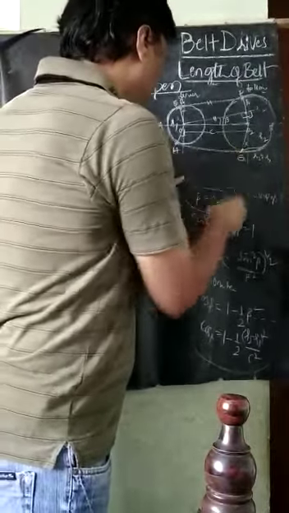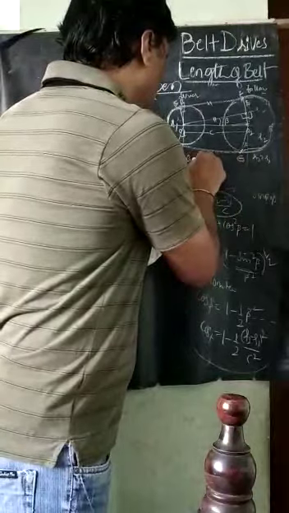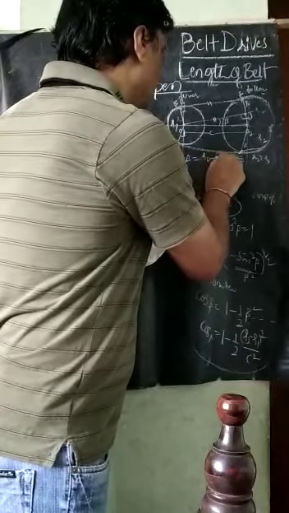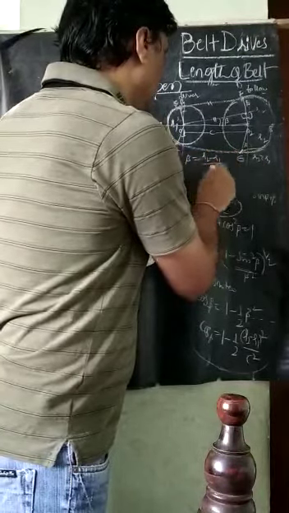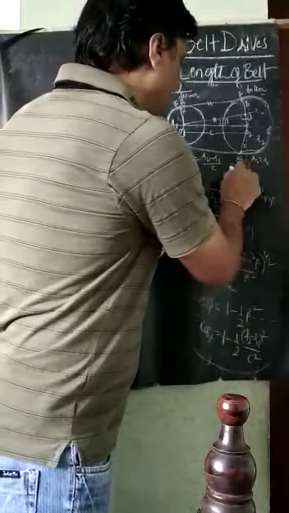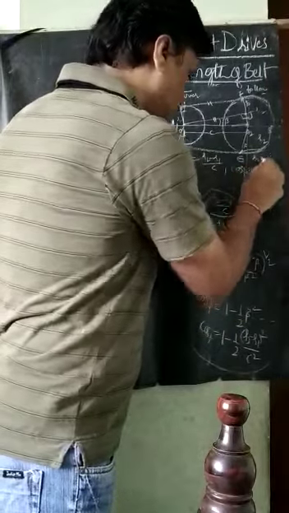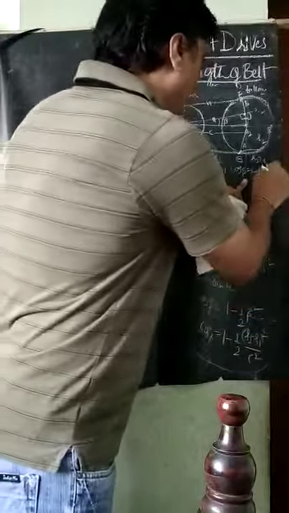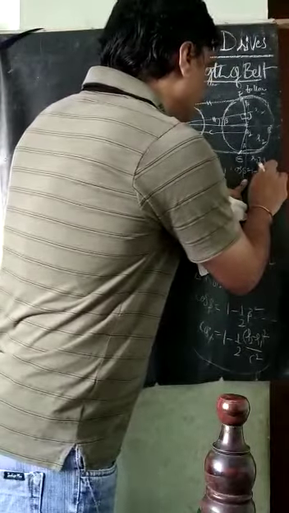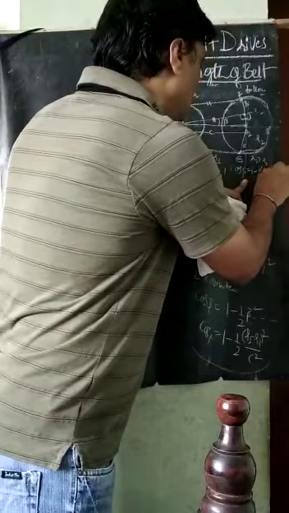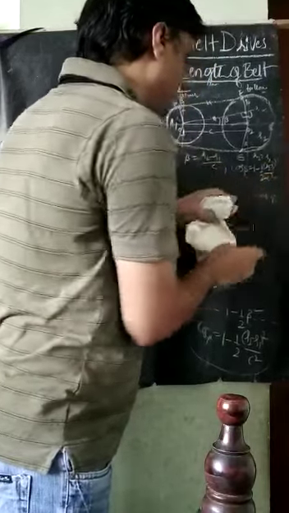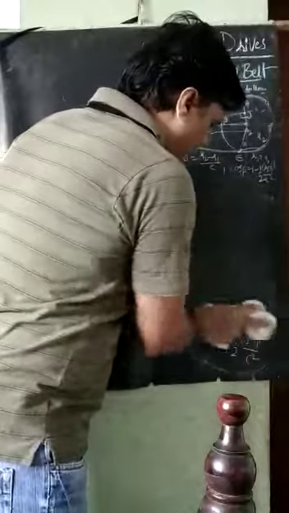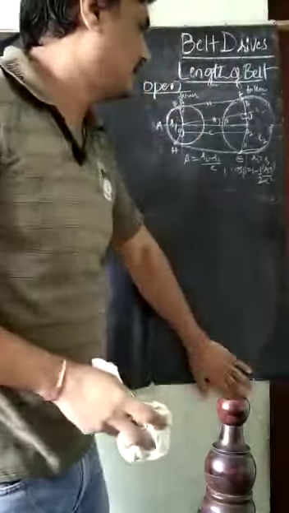Beta is equal to (R2 minus R1) divided by C, and cos beta is equal to 1 minus half (R2 minus R1) whole squared divided by C squared.